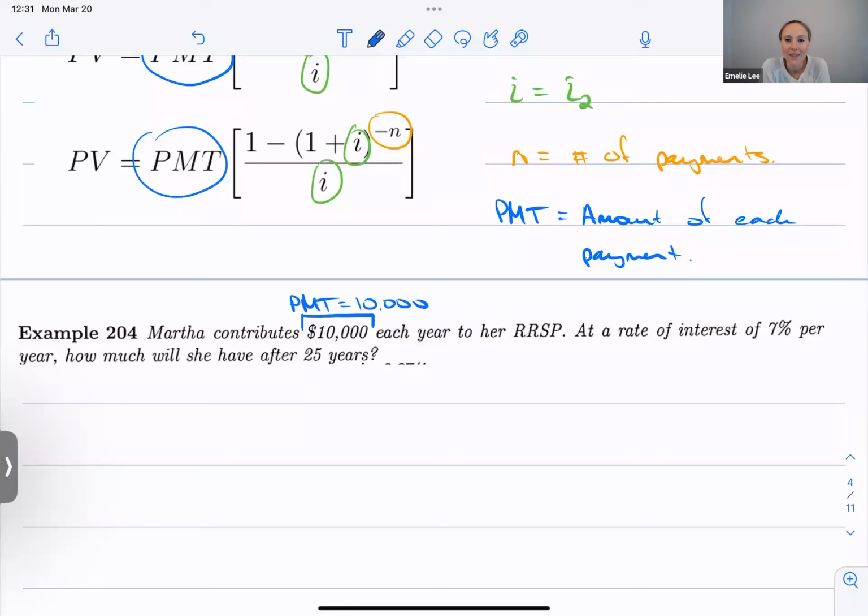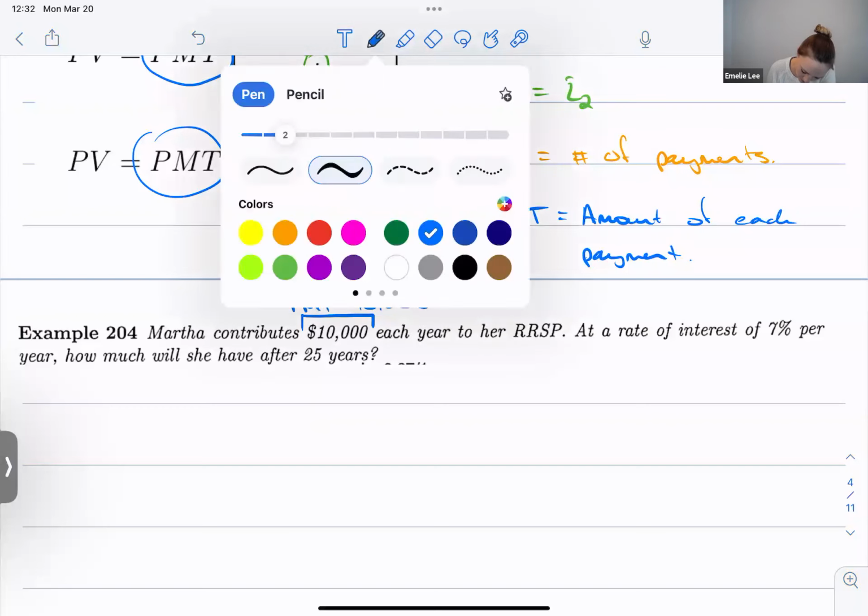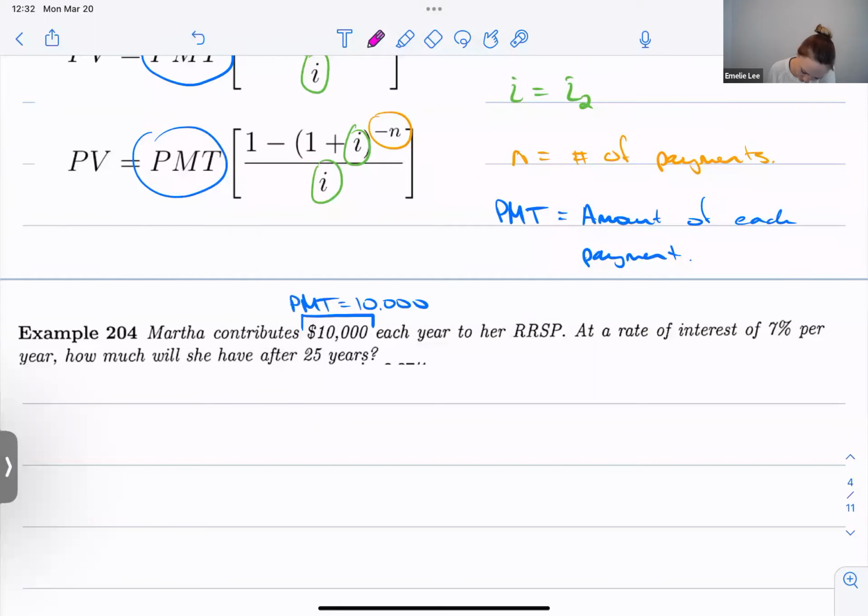Okay. The payment frequency is 1, right, each year. So then what we're going to have is F2 is 1.